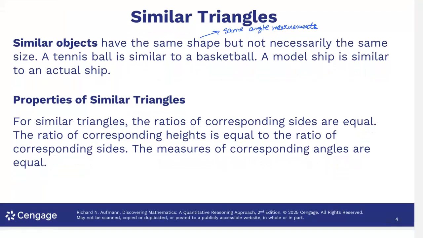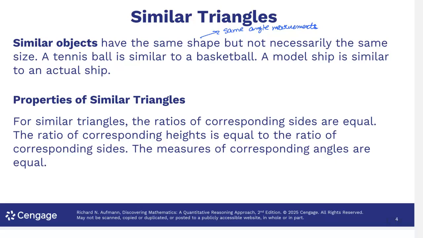It's really similar to how balls can be different sizes. Maybe we have a tennis ball and then a basketball or a softball or some other type of ball, volleyball. They have the same shape, but they have different sizes.